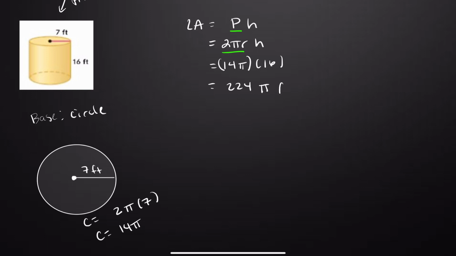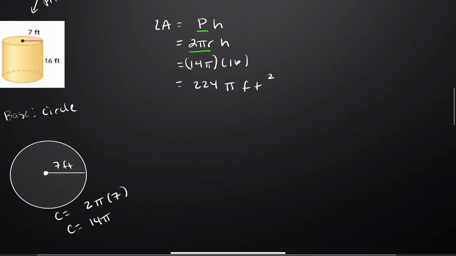And this is going to be in square feet. And if I want to give a rounded answer, I would multiply the 224 and the pi together, which is approximately 703.7, if we're rounding to the nearest tenth.